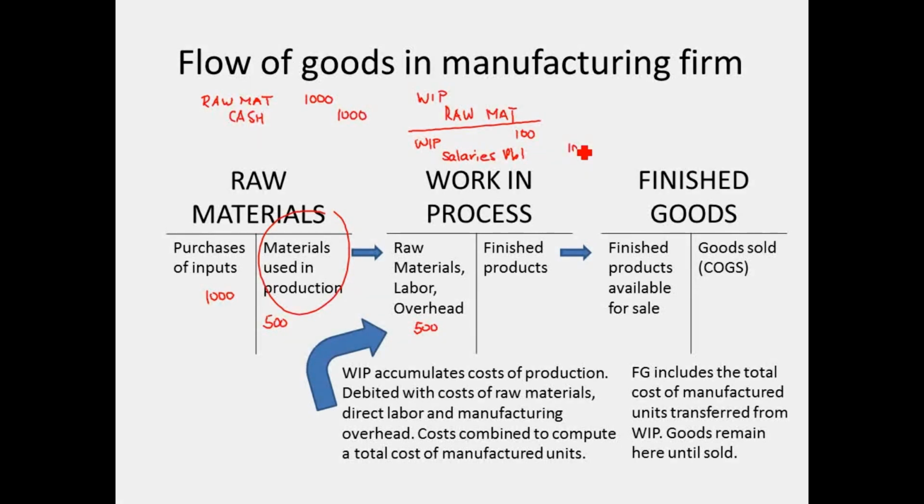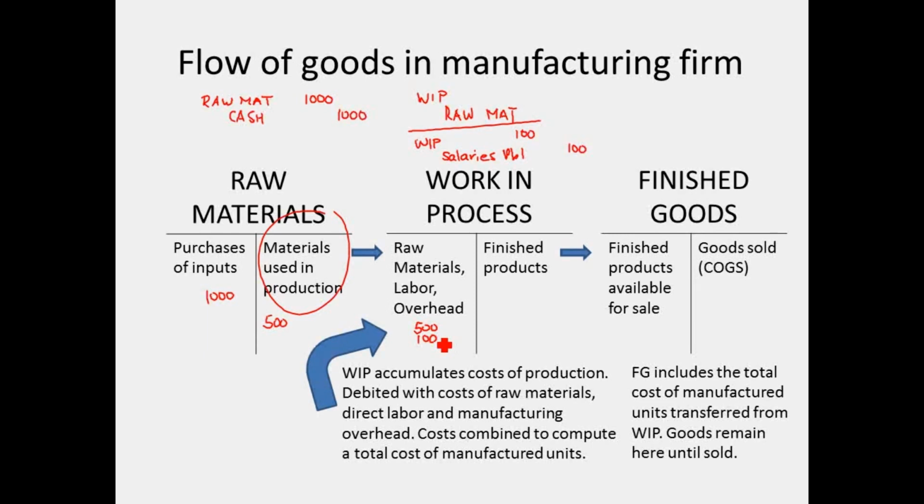It's now looking almost table-like. So I would be adding to my work in process. Now, this is different from a retailer, right? If you've got employees working for you, you just record salaries expense, salaries payable.